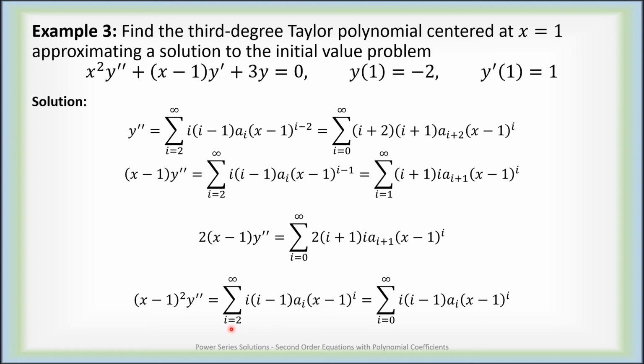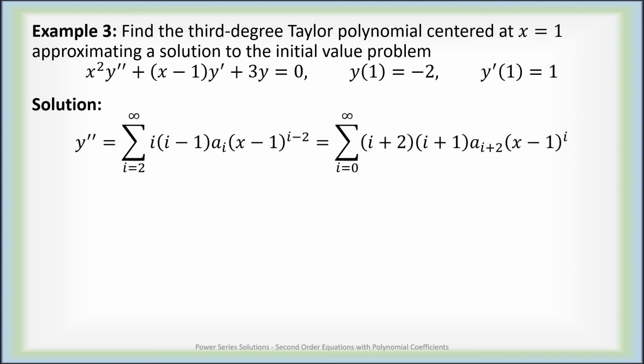The missing terms are index 1 and index 0. Well, if I equals 1, this produces a 0, and if I equals 0, this does. So both of those terms can be reincorporated without any kind of problem, so I just start this at 0 as well. So now we have a power series beginning at index 0 with the proper power of x minus 1 for x minus 1 squared y double prime, 2 times x minus 1 y double prime, and y double prime.